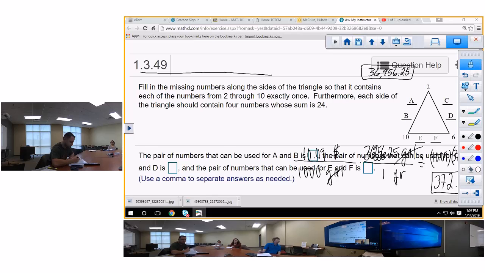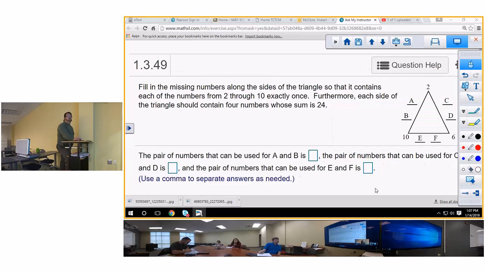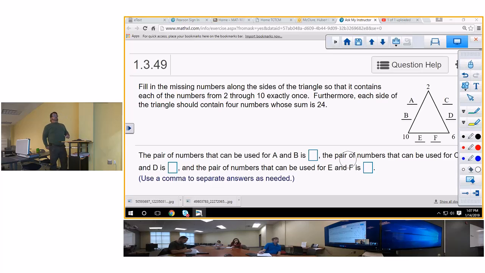That's why I called the roll first. Okay, now first of all, you've got to take out some numbers here. Read the question right quick to yourself. It says, fill in the missing numbers along the side of the triangle so that it contains each of the numbers from 2 through 10 exactly once.